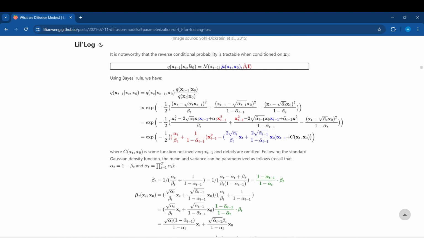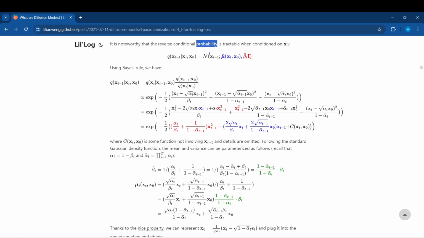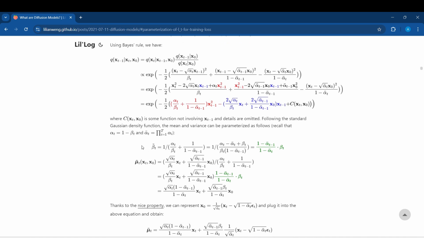So we approximate this quantity by p theta. Instead of this, we approximate with p theta, and we get the beta t and this mu theta, and the mu tilde of the actual reverse conditional probability. This beta t is actually this, and we are using the reparameterization which I've already covered, applying Bayes rule and doing simplifications.